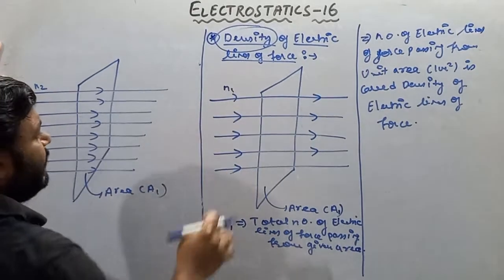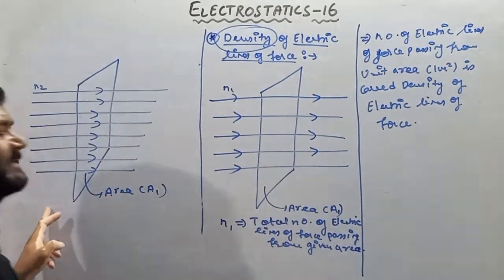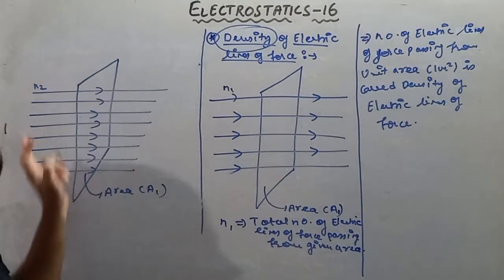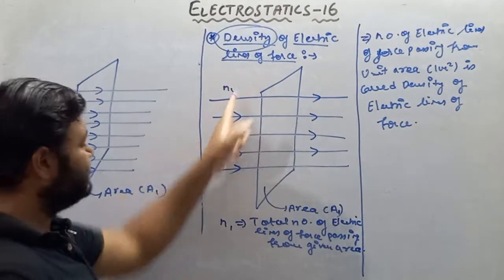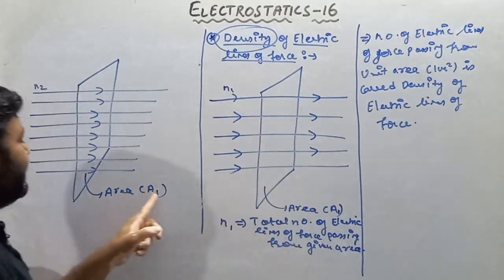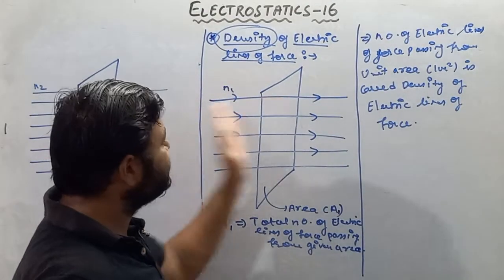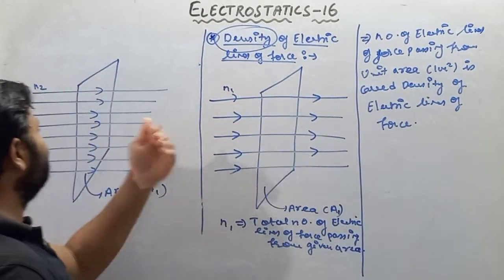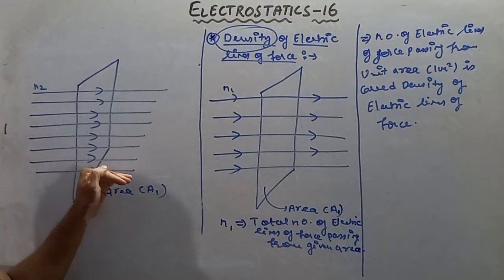See, the number of electric field lines passing through this situation and the number passing through that situation. In both cases the area is the same, its magnitude is A1, but the number of electric field lines passing through this area is less compared to the number passing through this area.